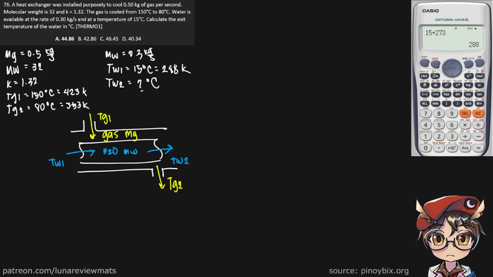So now we can see that this is a conservation of energy problem. So energy in equals energy out. Okay, so let's continue from up here. So first we need to take into account the gas that's entering the heat exchanger.